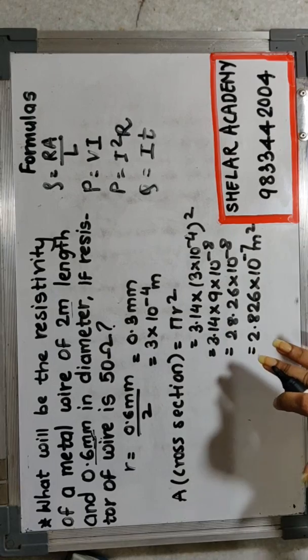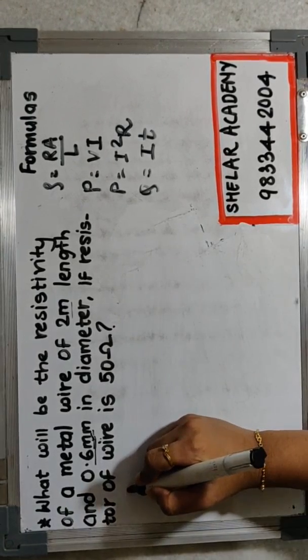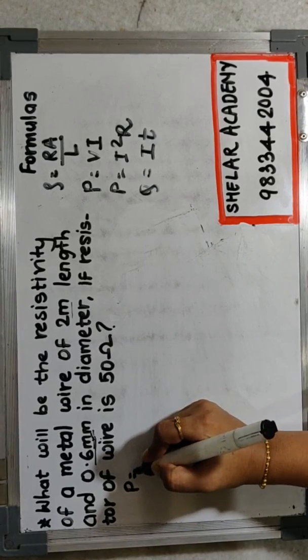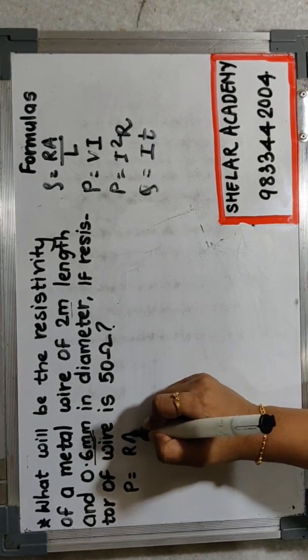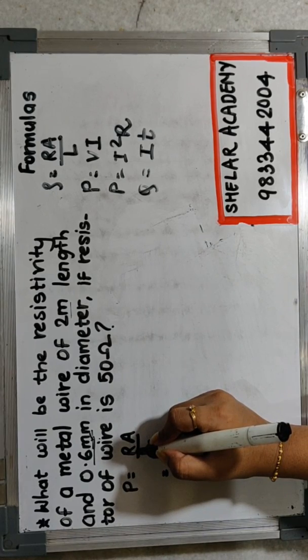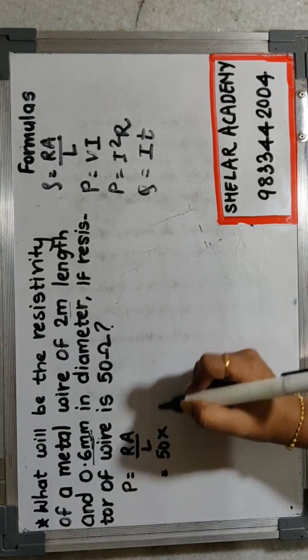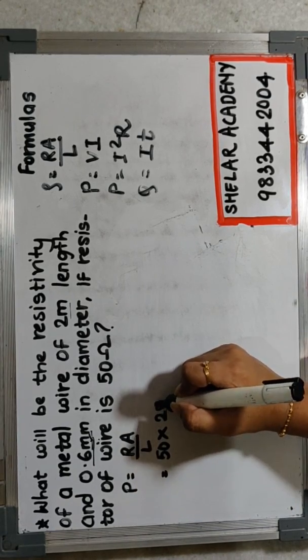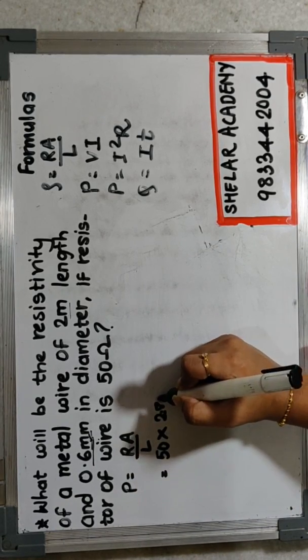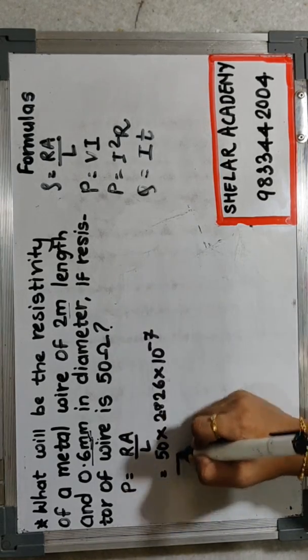So this is the first part. Now we have found out the area of cross section. We will simply put everything in the formula. What is our resistance? 50 ohms. Area that we had found, 2.826 into 10 raised to power minus 7.